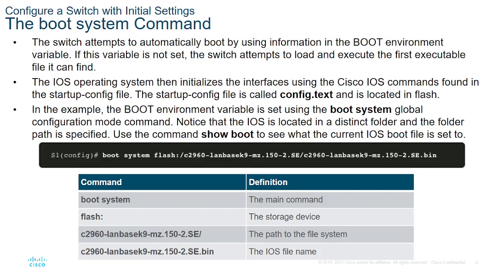So what you see there in the boot command is one, the boot system, that is the main command that initializes the operating system to start, the location of where that file is located, which is flash, the folder where it is actually located, which is the 2960 ending with a slash, to 150-2.SE ending with a slash, and then the actual file itself. So that there you see is the path, the actual IOS.